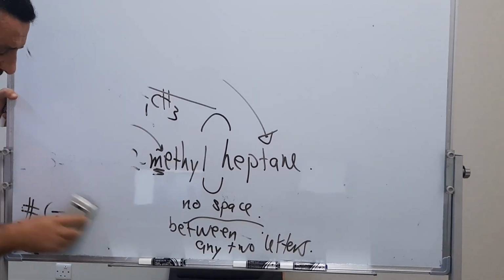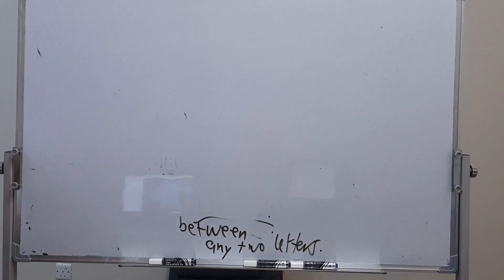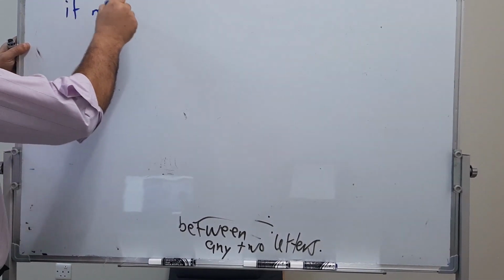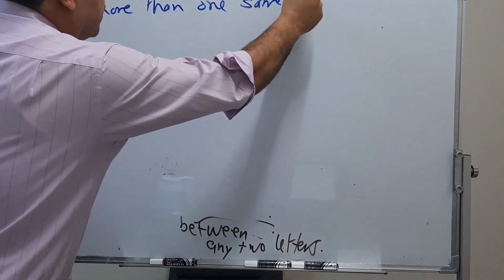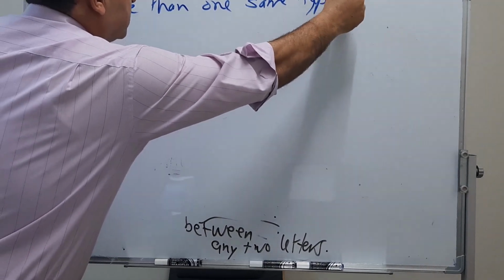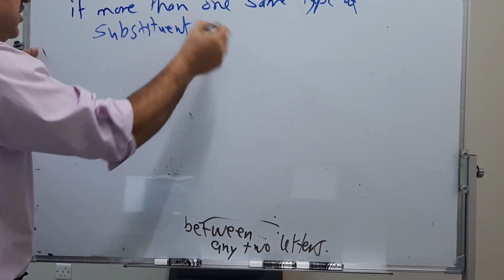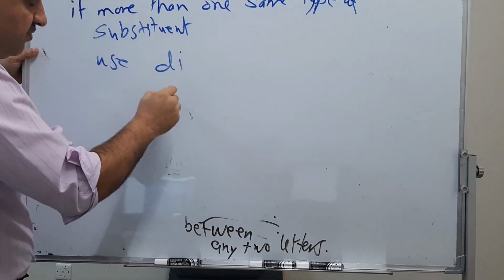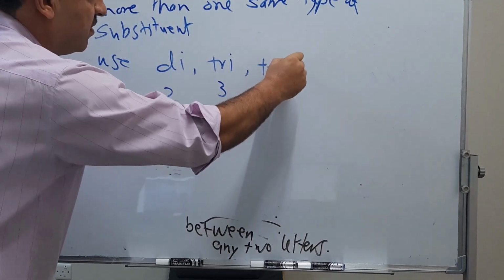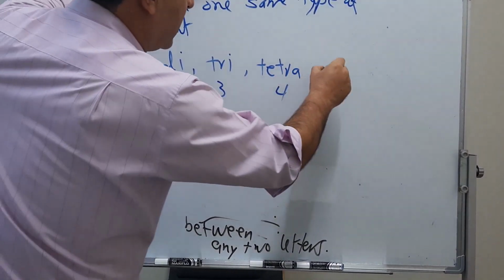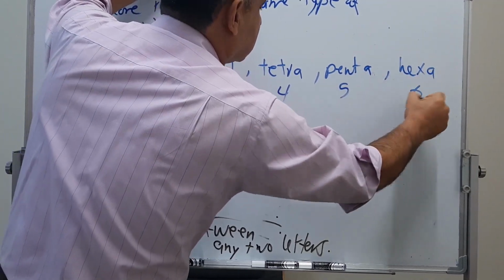If more than one of the same type of branch or substituent is present, use di for 2, tri for 3, tetra for 4, penta for 5, hexa for 6, and so on and so forth.